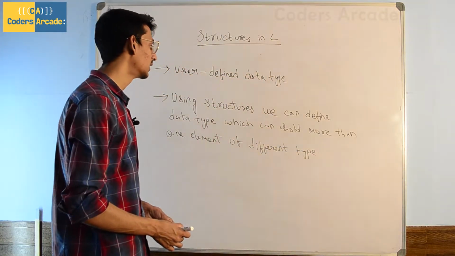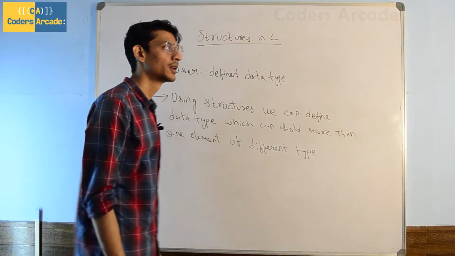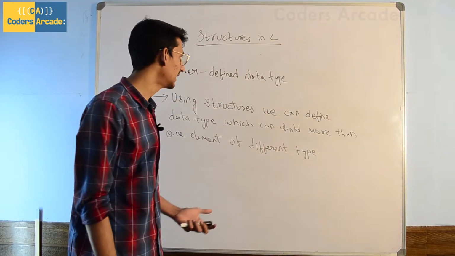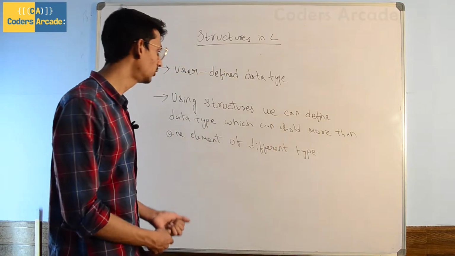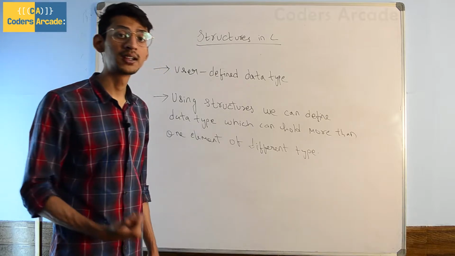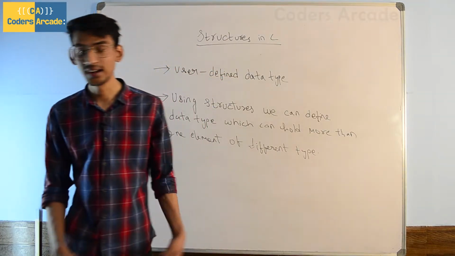So structures are nothing but a user-defined data type. Unlike primitive data types such as int, it's a collection of more than one element. Using structures, we can define data types which can hold more than one element of different data types. Let's see the syntax to get more clarity on this.